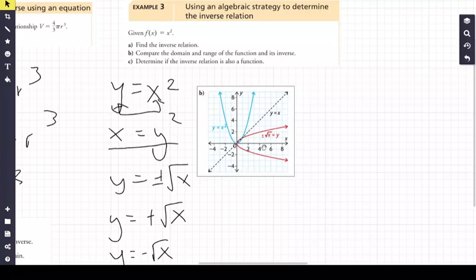We're flipping everything around. So let's determine if the inverse relationship is also a function. Obviously, it's not, because it doesn't pass the vertical line test. It can be split in the middle to get two different functions, y equals square root of x and y equals negative square root of x. But because it doesn't pass the vertical line test, it is not a function.